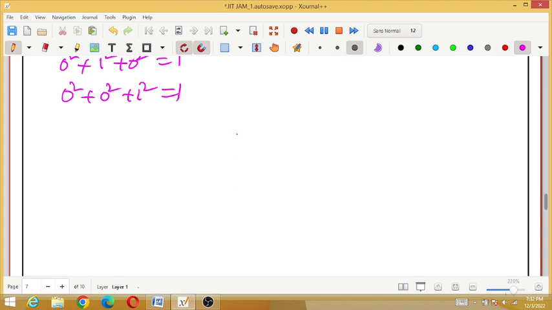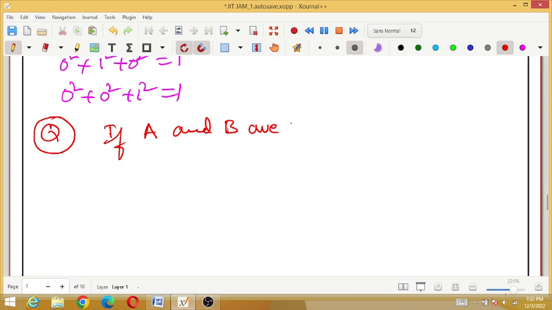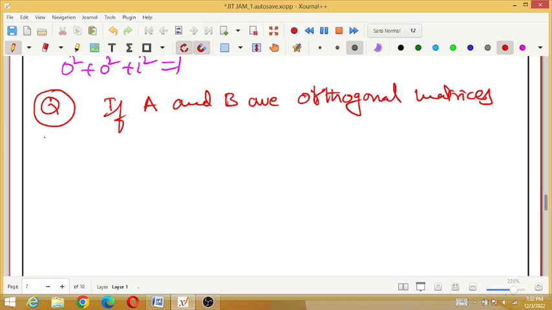So before going to Hermitian, on orthogonal, one question I am giving. Question: if A and B are orthogonal matrices, then number 1, A plus B is what?